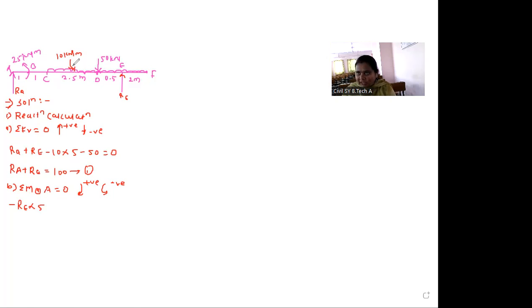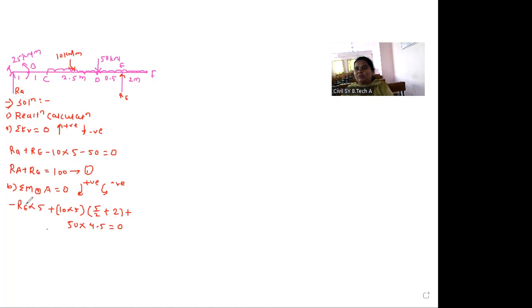This creates a clockwise moment, so plus 10 into 5. This is the UDL converted to a point load. It acts at 5 by 2, but the distance from C to A remains, so we have to add 2 here. Next force is this 50 kilonewton, and it creates a clockwise moment. So plus 50 into the perpendicular distance, which is how much? 1 plus 1 plus 2.5, that is 4.5, which is equal to 0.